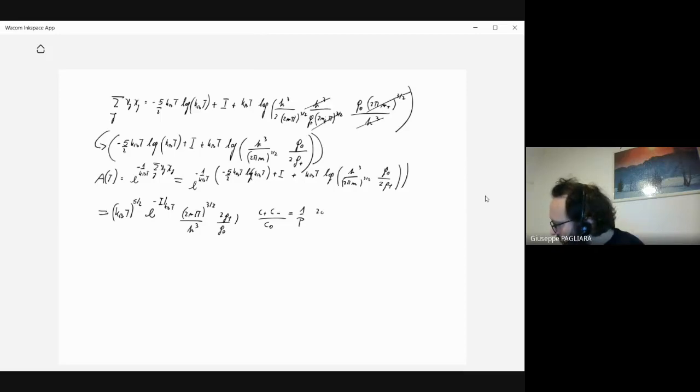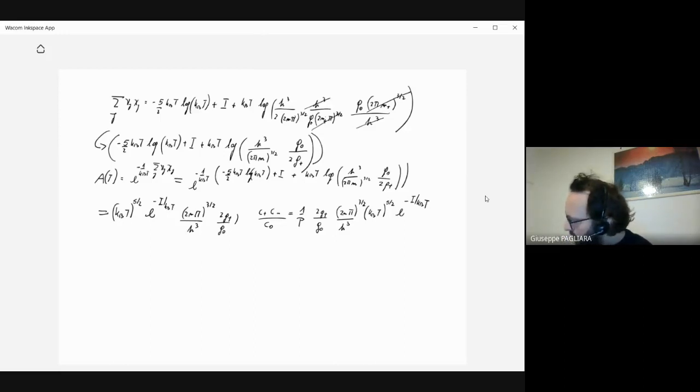So you have 2g plus divided by g0, 2m pi to the power of 3 half divided by h cubed. Then we have kBT to the power of 5 half. Then we have the exponential of minus I divided by kBT. And I think that's it. Let me check if this is correct.